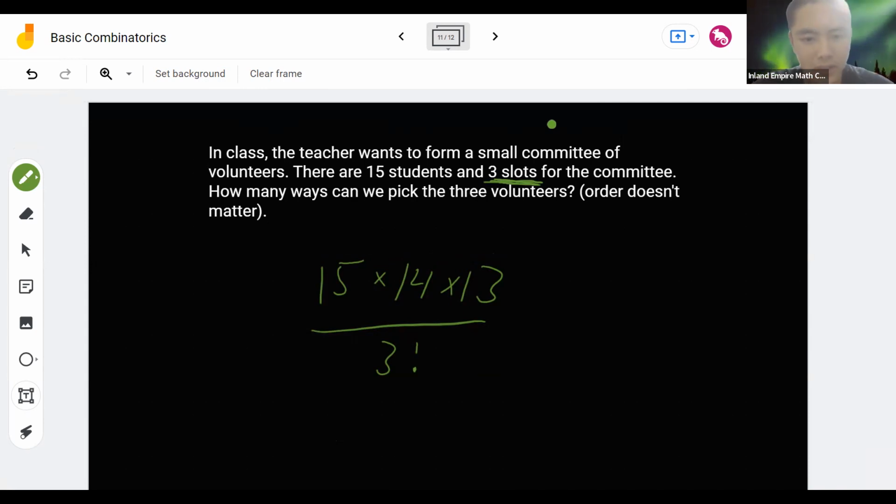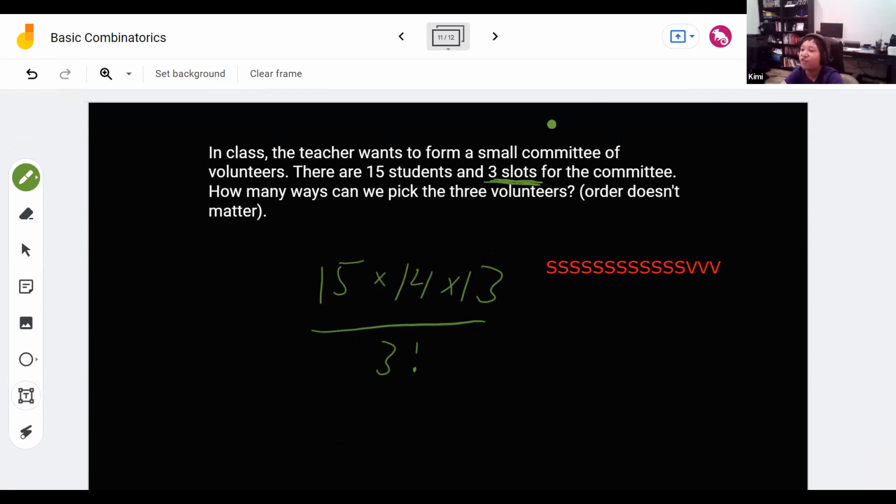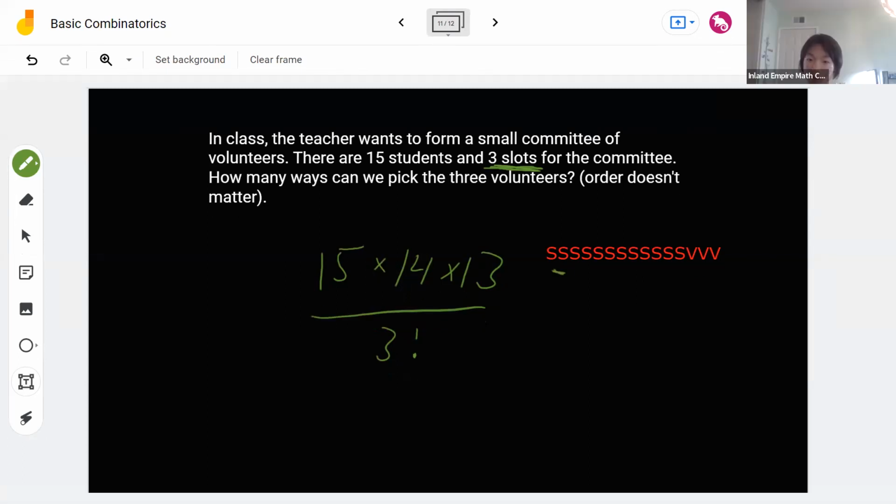So one way to think of this is that you're rearranging the word S, 1, 2, 3, 4, 5, 6, 7, 8, 9, 10, S, V. So you want to find the number of arrangements of 15 people. Yeah, there's 15 people here, right?